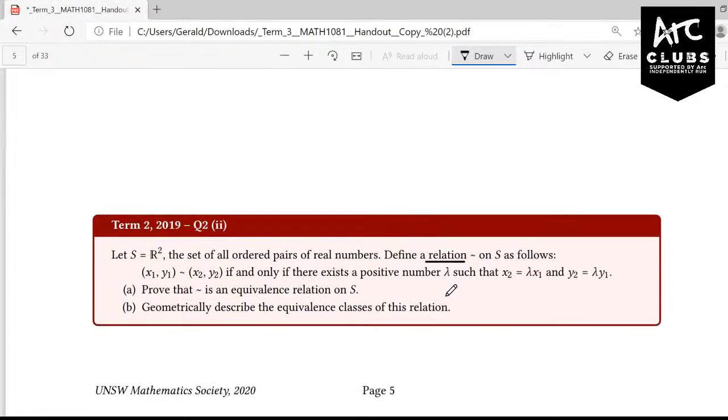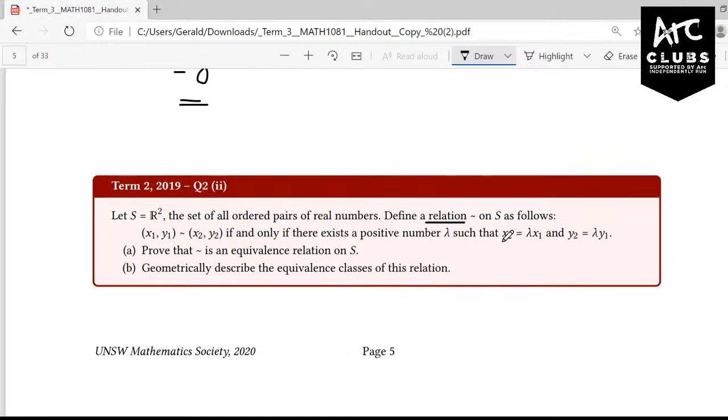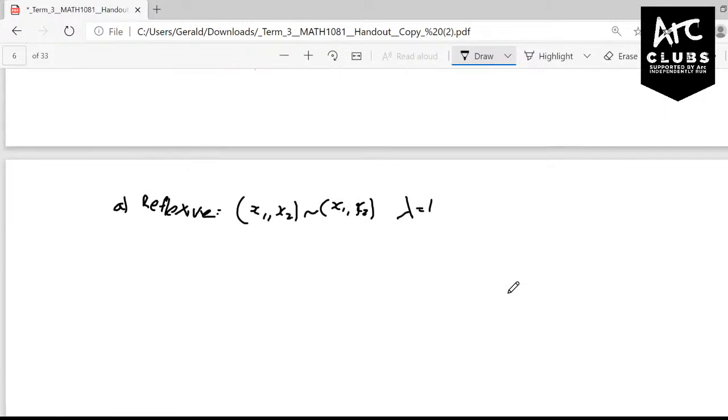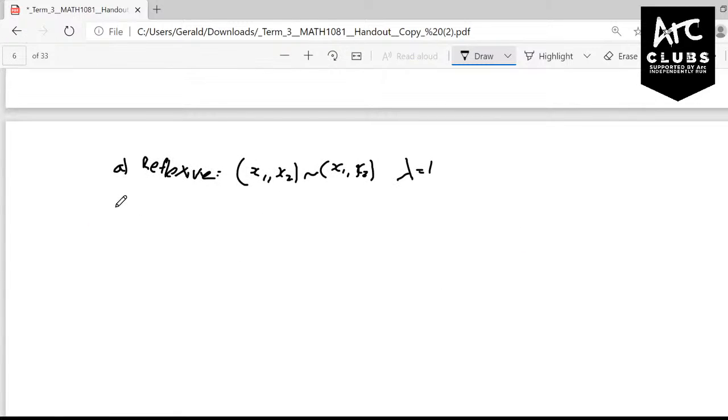And if we set lambda equals to 1, then we have x2 equals x1 and y2 equals y1. Cool. The next thing you want to prove is symmetry. It's symmetric.